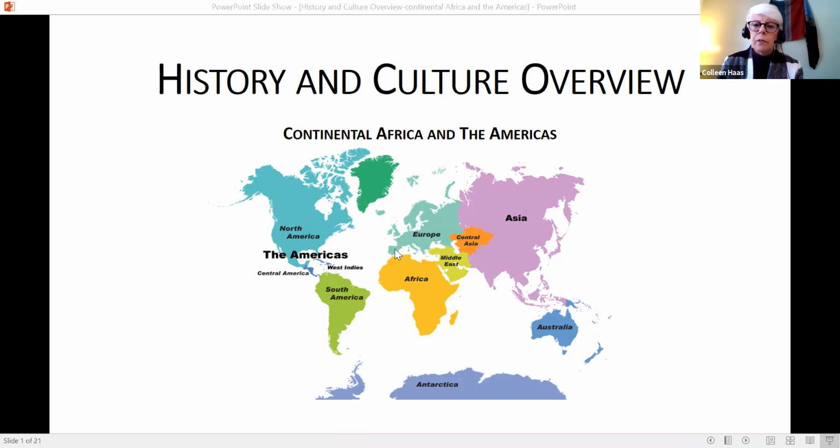There's lots of intercultural exchanges between these areas in the early history of Africa. Also, the Middle East is very close to Africa. And then here you see the Atlantic Ocean is in the middle. This will be a big part of our story when we talk about African descendants who live in what we refer to as the Americas. So let's get started.